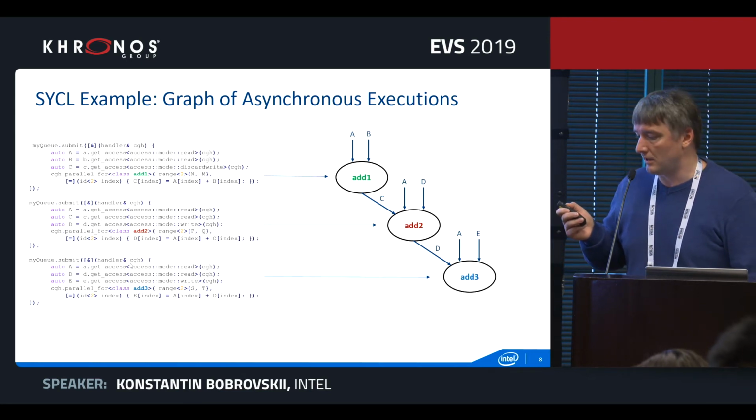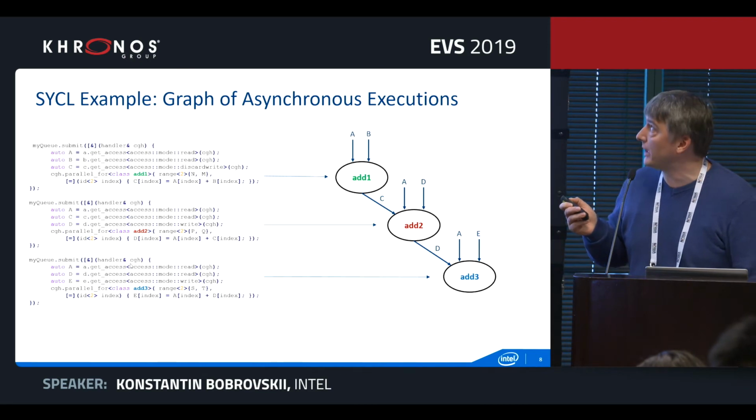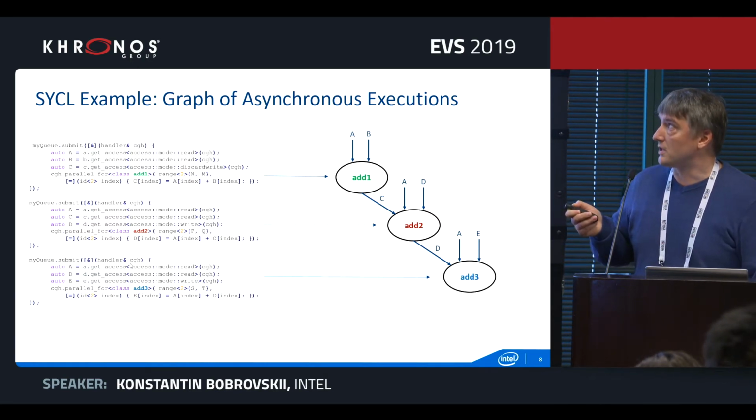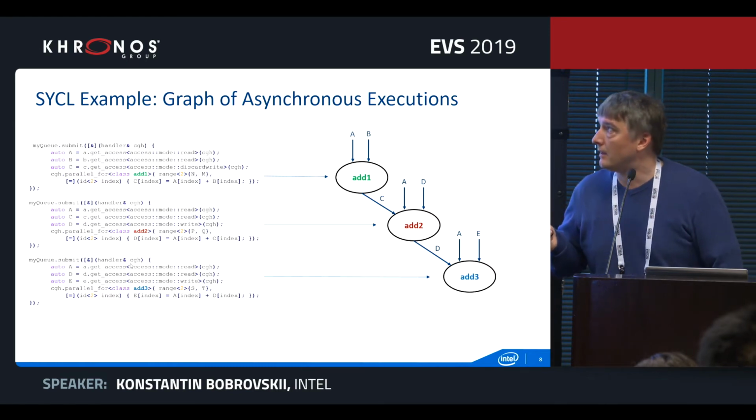Add2 reads data written by Add1, and Add3 reads data written by Add2. So there's clearly a dependency between those kernels, but SYCL kernels are actually out of order. So you submit and you don't block, you go to the next statement in your program. So basically submission may complete before the first kernel even started its execution.